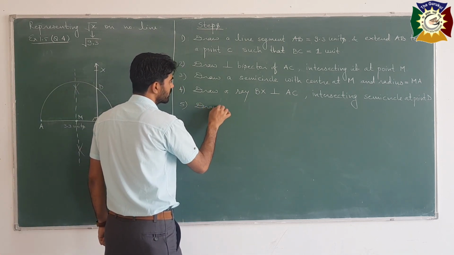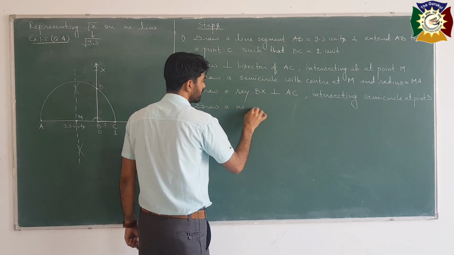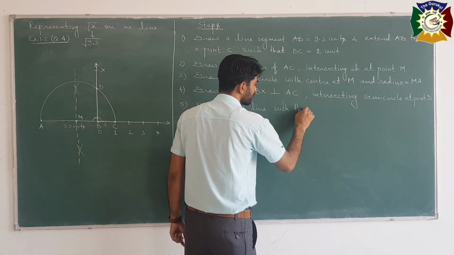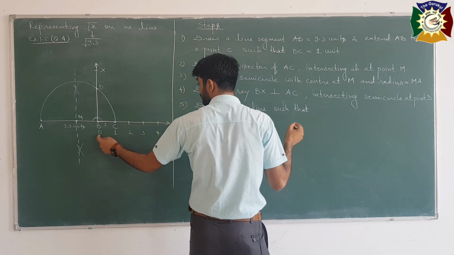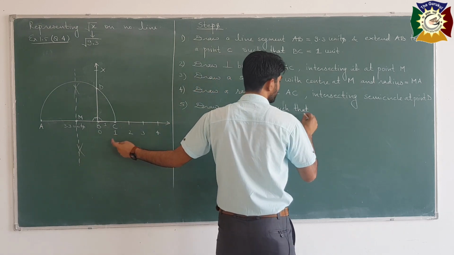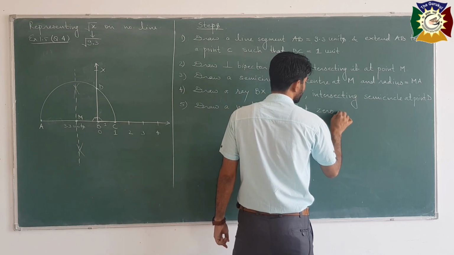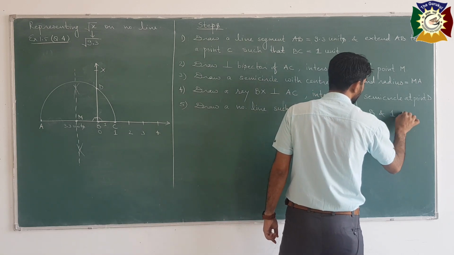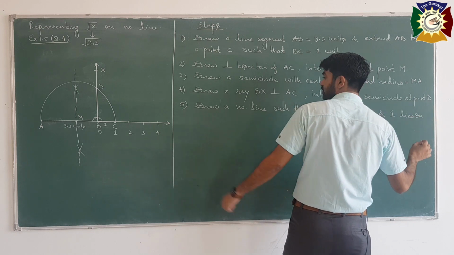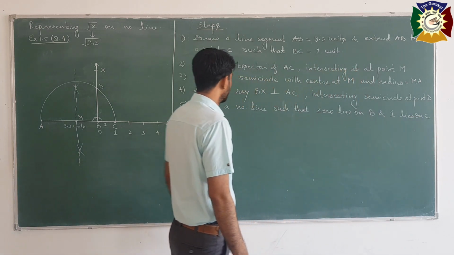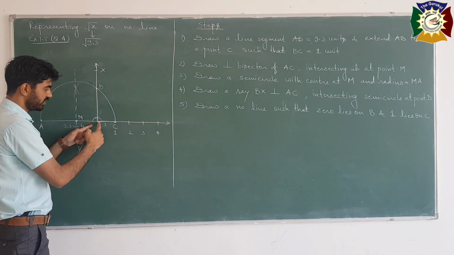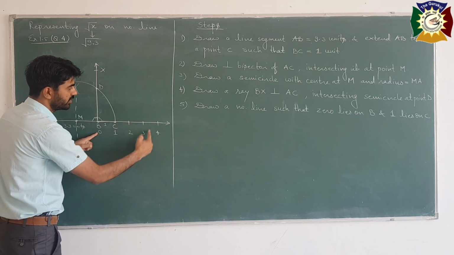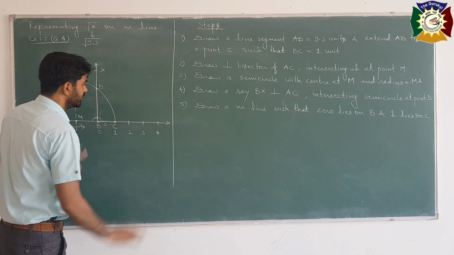Draw a number line such that 0 lies on B and 1 lies on C. So we have to draw the number line likewise, that 0 is on B and 1 is on C and then 2, then 3, 4 and so on. So this is the number line.